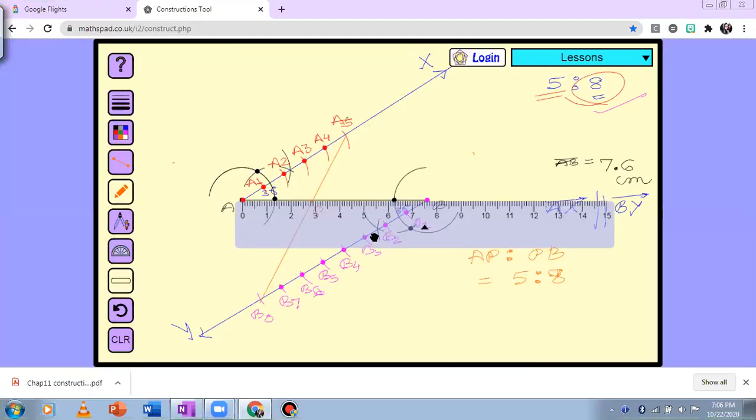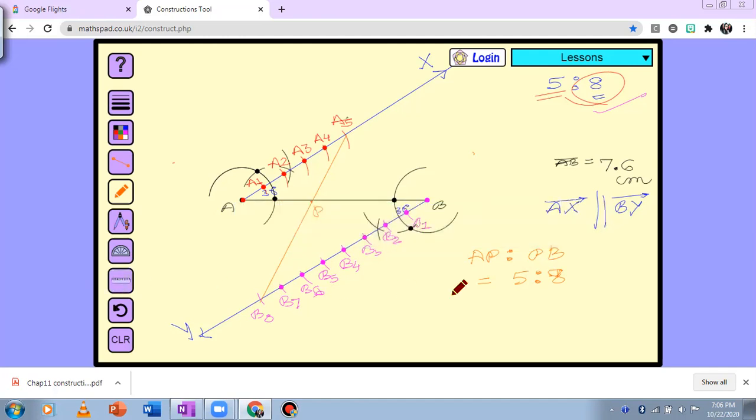And you can measure the parts AP and PB in order to verify that the line segment has been divided in the given ratio. As you can see here, the length of the part AP is 2.9 approximately, and you can measure the length of the remaining part PB and then find out the ratio. It will be 5 is to 8.